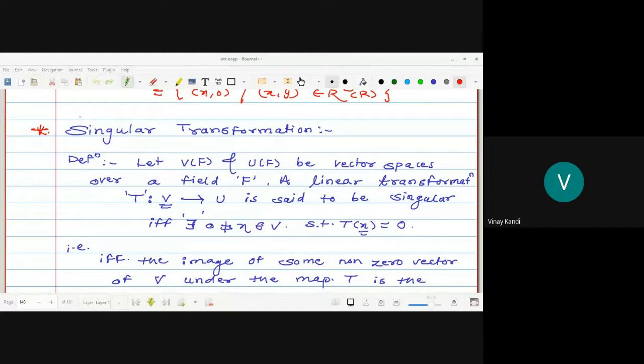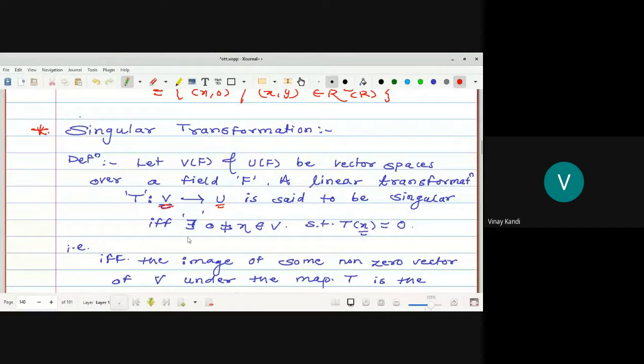Okay, in the last lecture, we've seen the definition of singular transformation. What is a singular transformation? Let T be a linear transformation from V to U. If there exists a non-zero x belonging to V such that T of x is equal to 0, that is, the image of a non-zero element is 0, then that transformation is called a singular transformation.